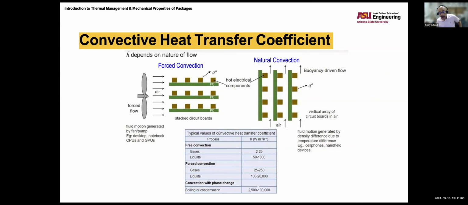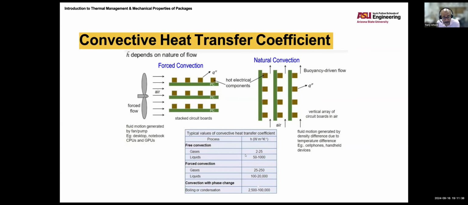Now, let's look at some typical examples of the heat transfer coefficient. Free convection in gases, or stagnant gas, as I said, is not so good.